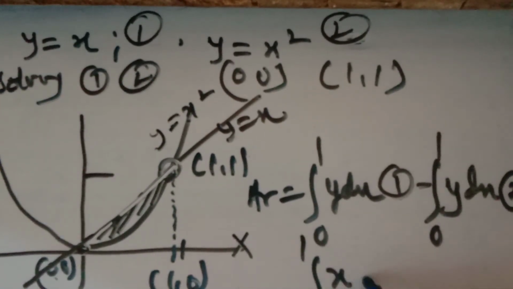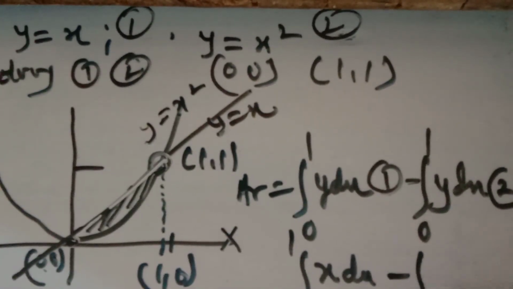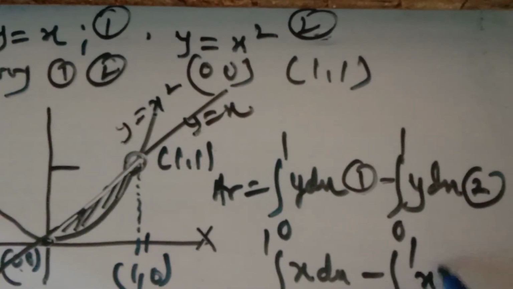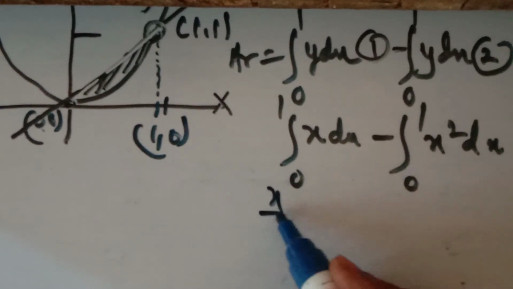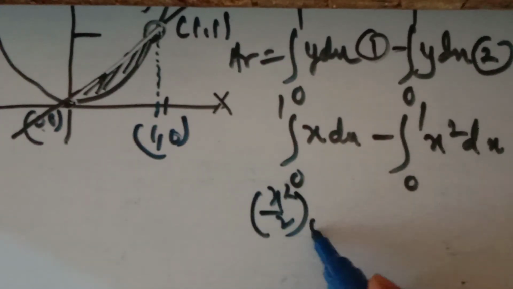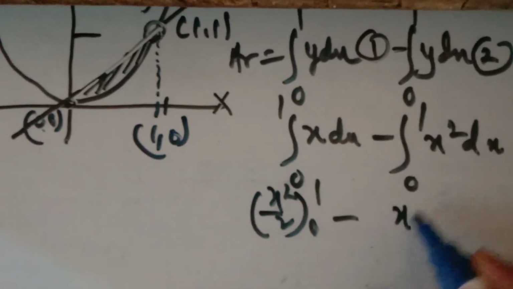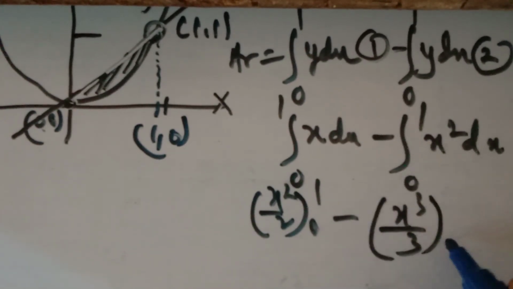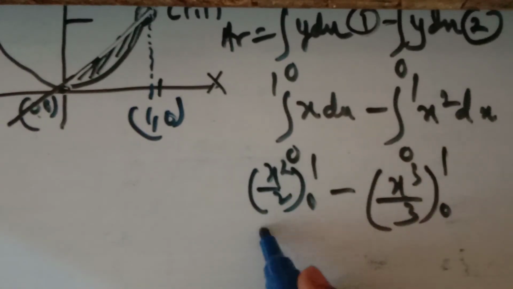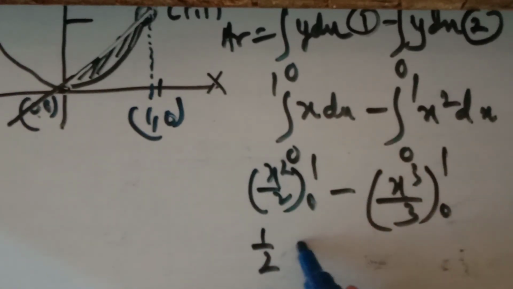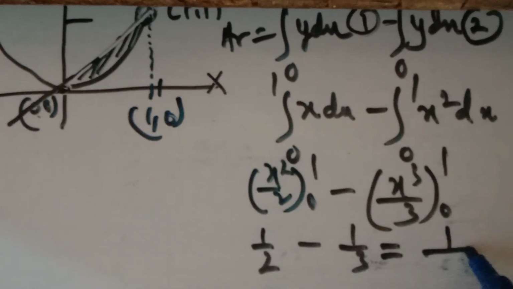Simply you have to integrate x with respect to x, and from 0 to 1 the y of this will be x square with respect to x. So simply you integrate it: x square upon 2 from 0 to 1, minus the integration of x square, which is x to the power 3 upon 3 from 0 to 1. So 1 upon 2 minus 1 upon 3, upper limit minus lower limit, it will be 1 upon 6 square units.